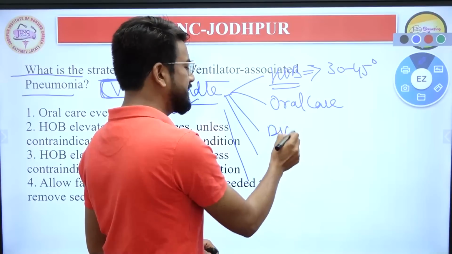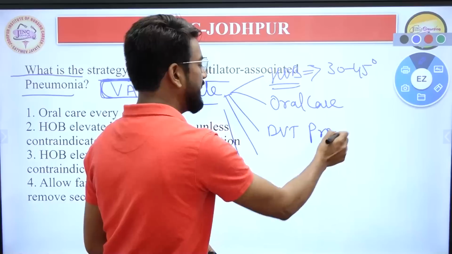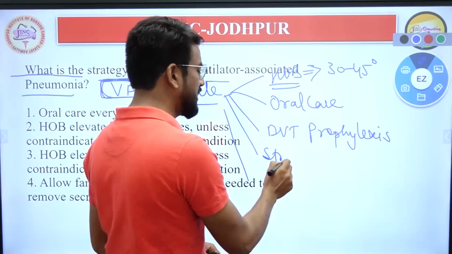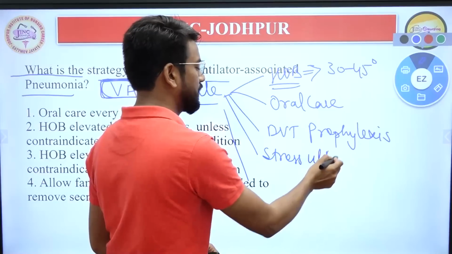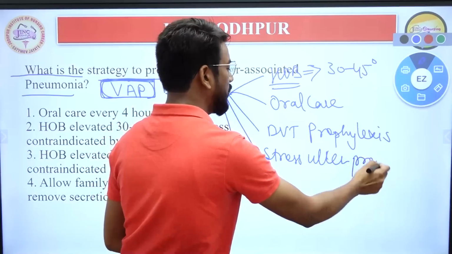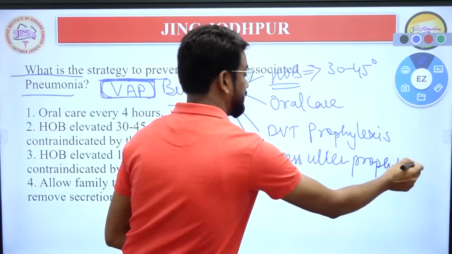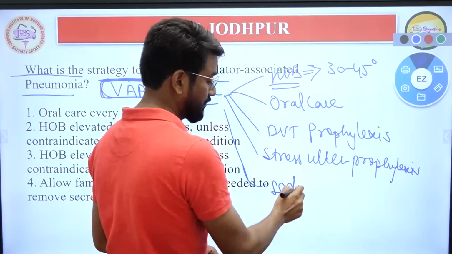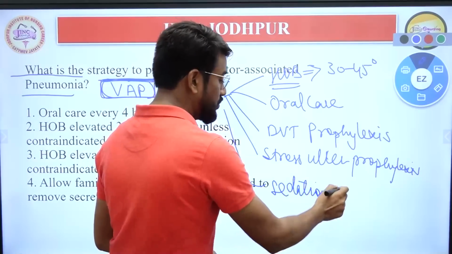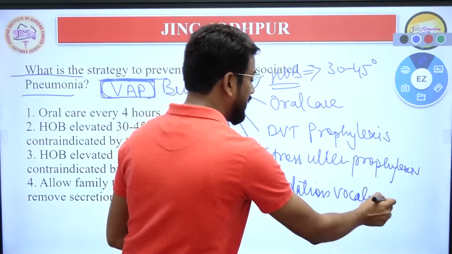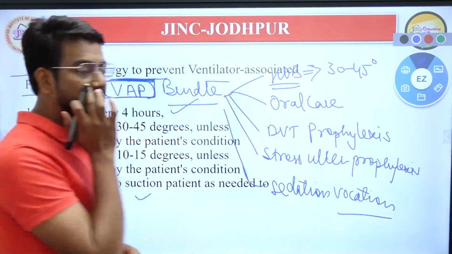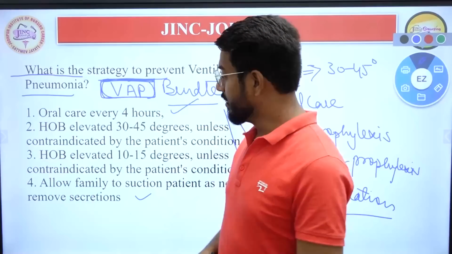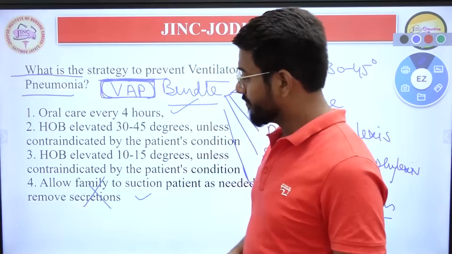Third point, DVT prophylaxis. Fourth point, stress ulcer prophylaxis. And the fifth point is sedation vacation. So these 5 points are mentioned in the bundle which is known as the VAP bundle, and we should follow this bundle. According to this, the option number D is wrong.